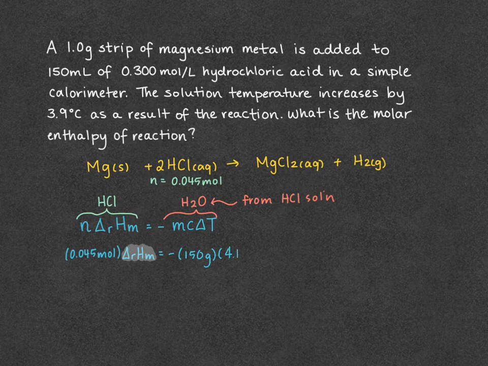For our specific heat capacity, we're going to use the assumptions we learned earlier, so the same as water, and our temperature change is 3.9 degrees Celsius. On the right side of our equation, this is the energy gained by the water.